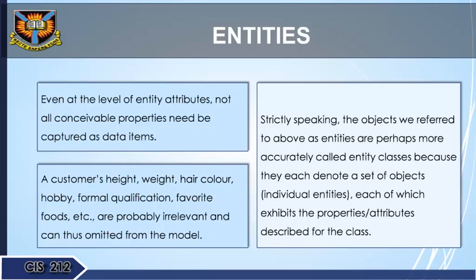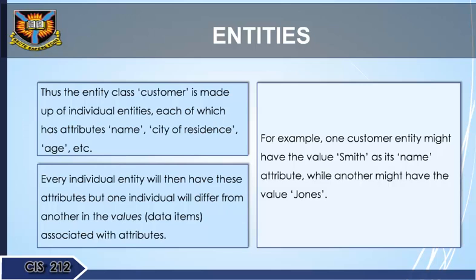Strictly speaking, the objects we referred to above as entities are perhaps more accurately called entity classes, because they each denote a set of objects, individual entities, each of which exhibits the properties or attributes described for the class. Thus, the entity class customer is made up of individual entities, each of which has attributes: name, city of residence, age, and so on.